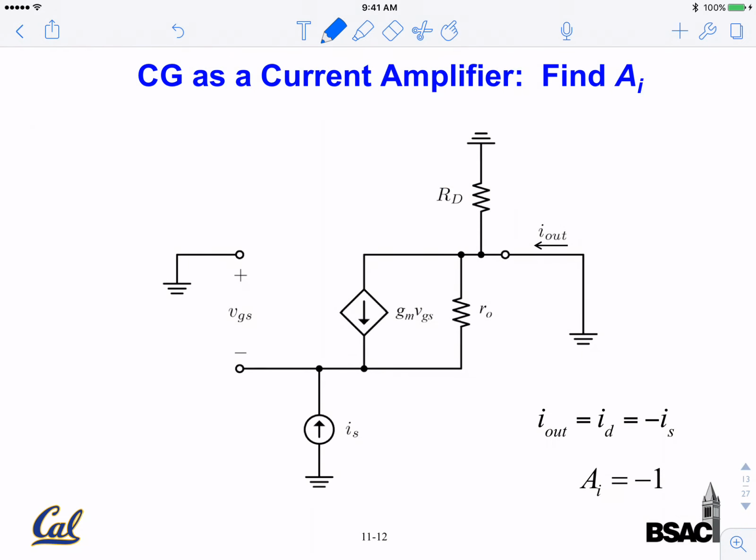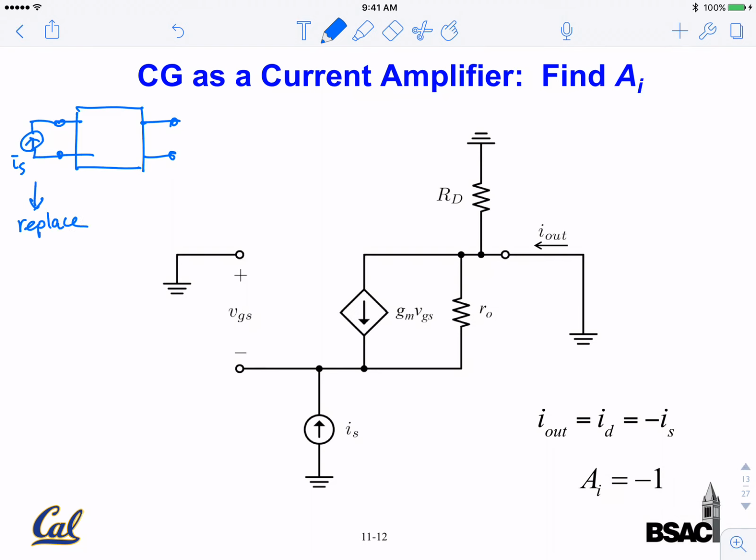So the procedure to find current gain, so this is the two-port circuit, okay? And we replace the source with just a current source here, okay? So in this case, we have IS here, and this replaces the real source.